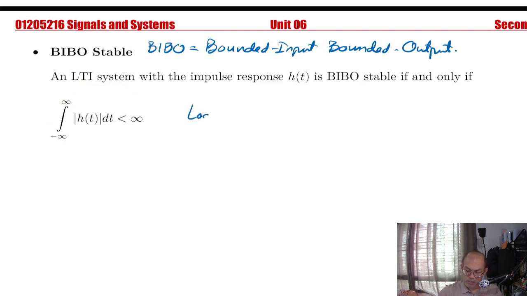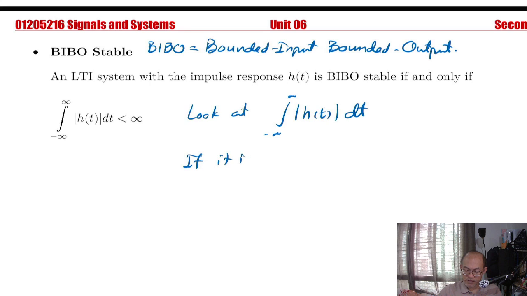Look at the integral. Remember, be sure to put the absolute sign around h first. If it is finite, then it is BIBO stable.